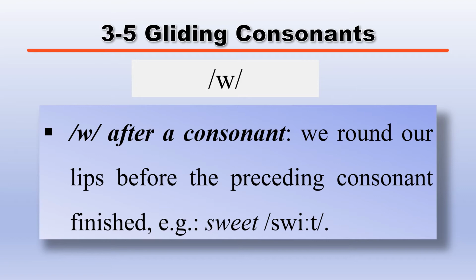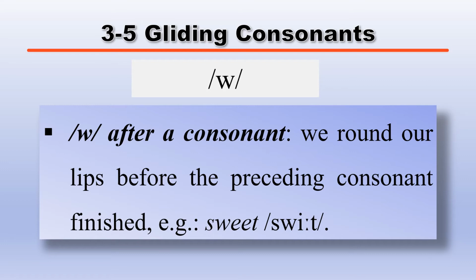We have a case where, after a consonant, the sound w, the gliding or the approximant w, follows. What we usually do is round our lips before the preceding consonant is finished. For example, the word sweet: as we are producing the sound se, we round our lips.